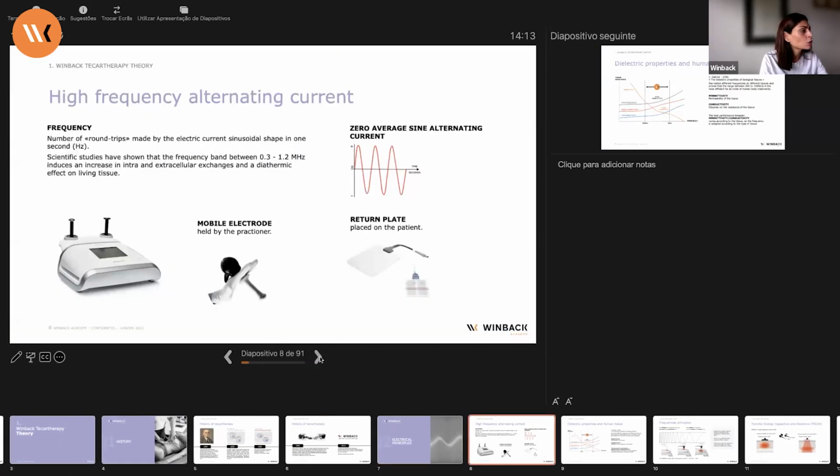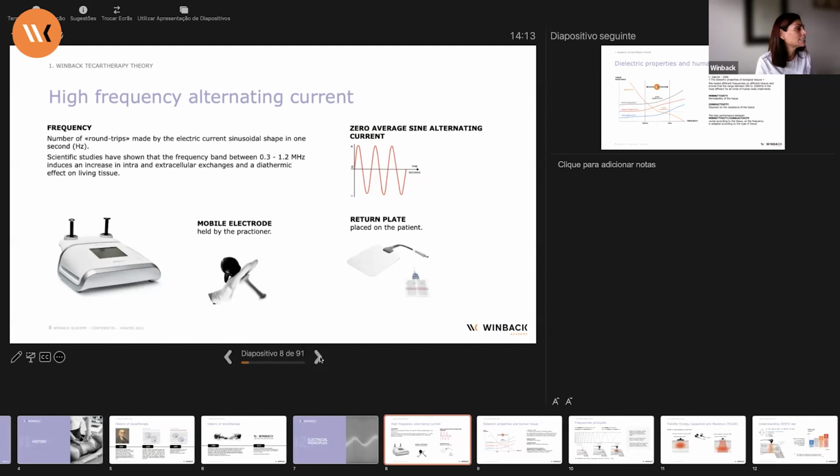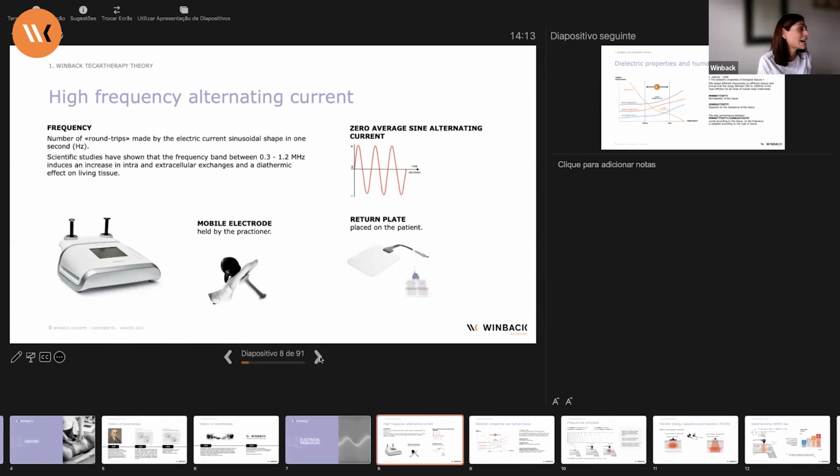So the electrical principle is high frequency alternating current. We have a sinusoidal current that enables the current to adjust and to affect the different types of tissues. The frequency is the number of round trips made by the electrical current, sinusoidal shape, in 1 second.